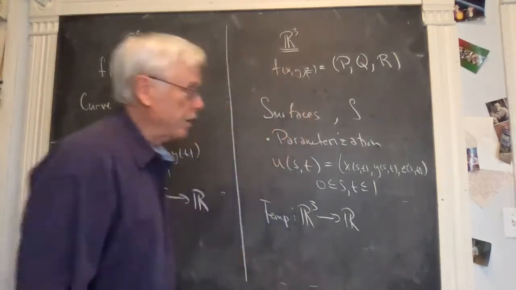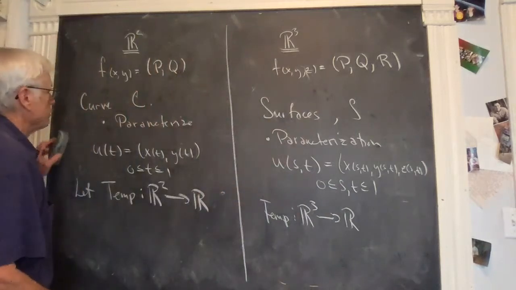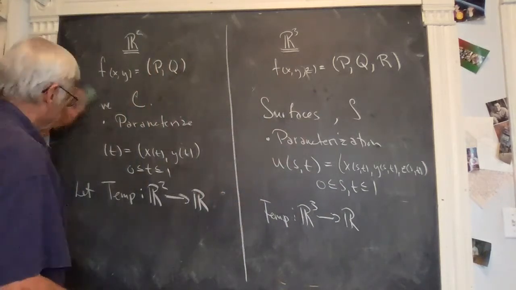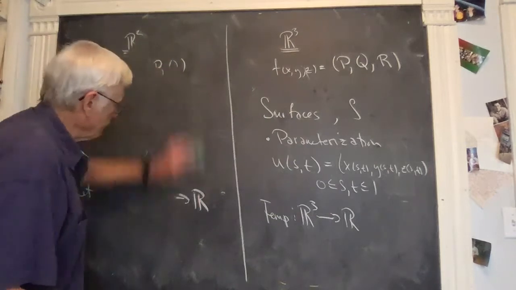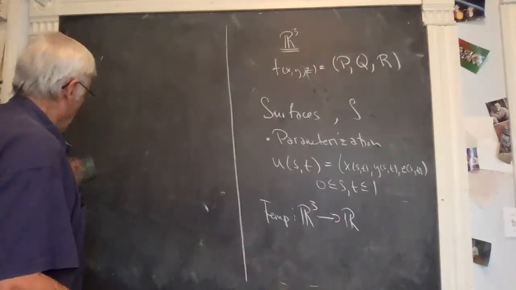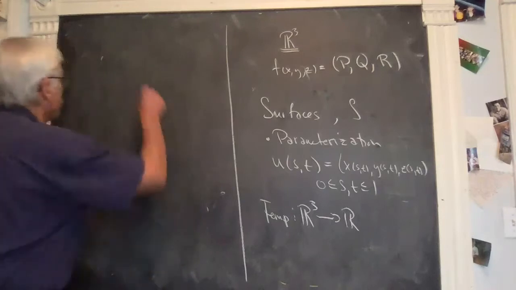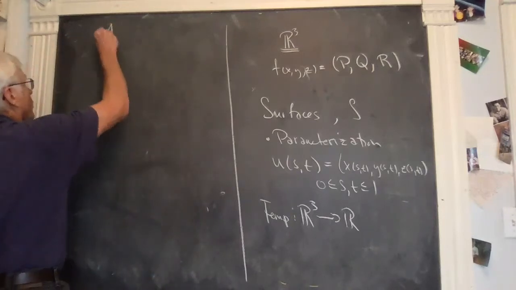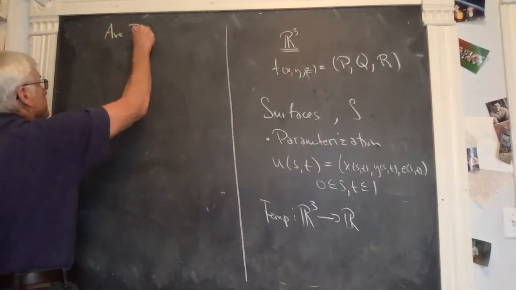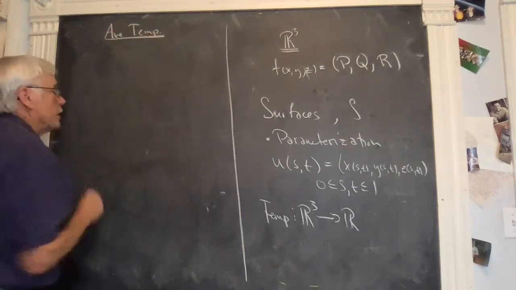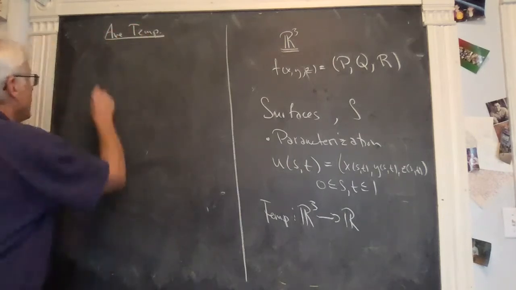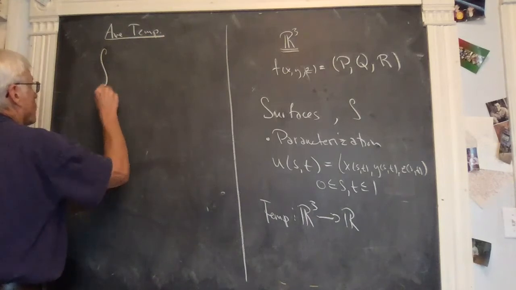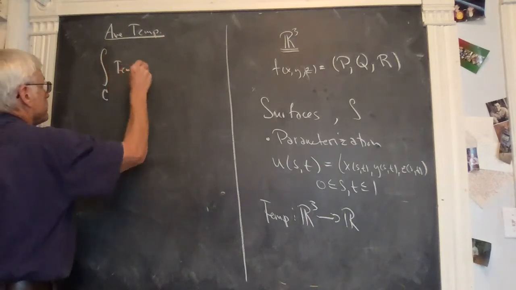I'm going to erase some things, but remember this setup here. I'll use this notation. So for example, for moments or average temp, other integrals of real valued functions, we'd like to integrate over C the temp function.